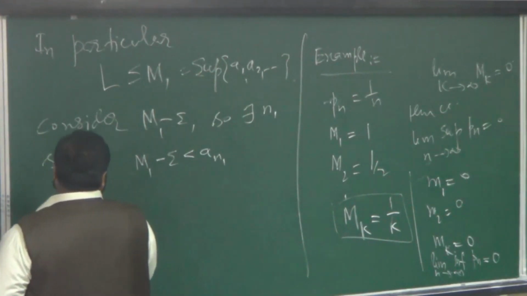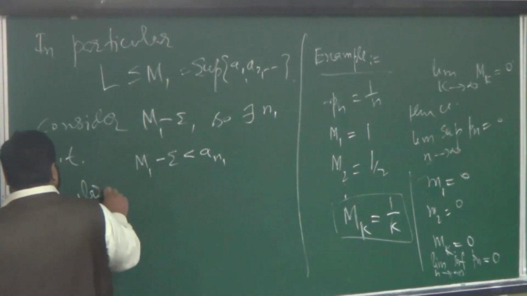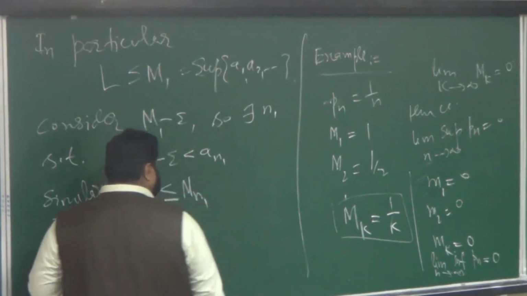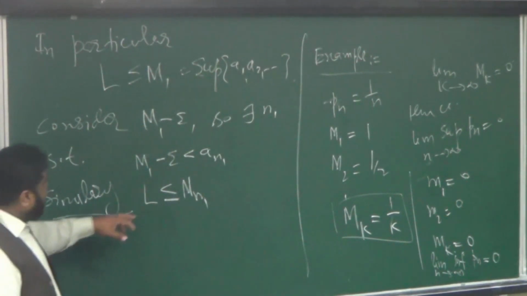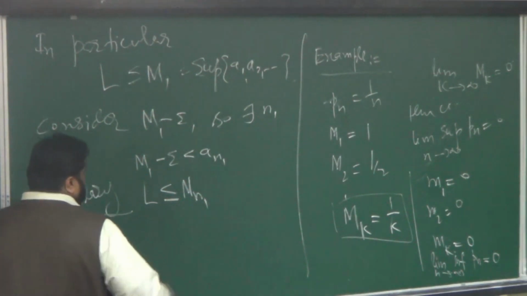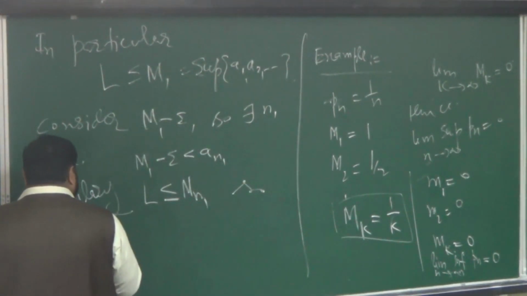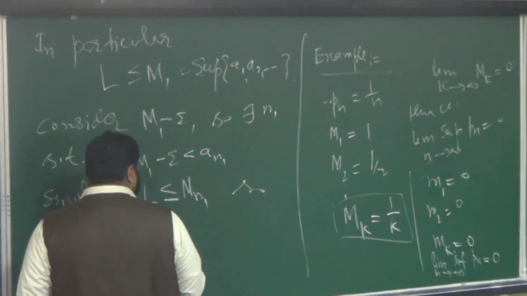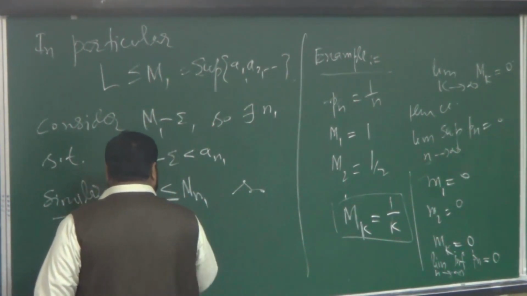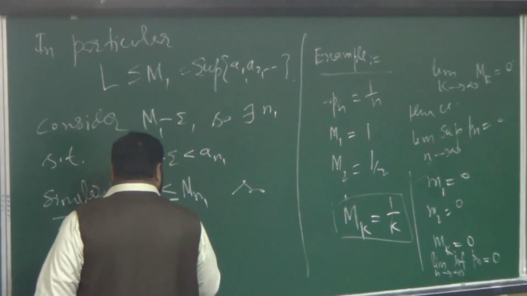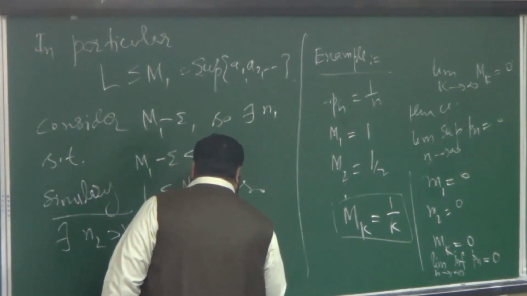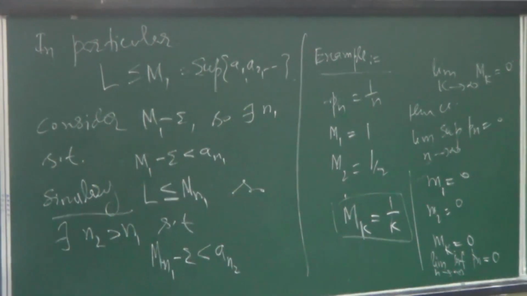Similarly, L is not only less than or equal to M1, it is also less than or equal to M n1. So the same thing is going to be true: there exists an index after n1 for which M n1 minus epsilon is less than A n2.